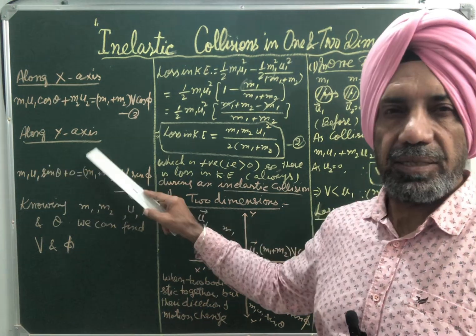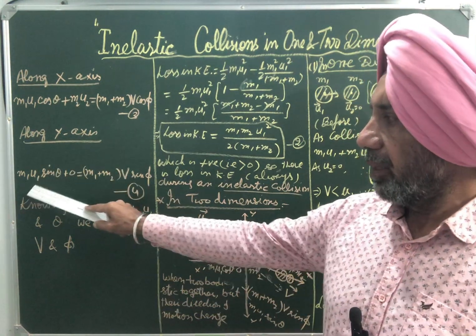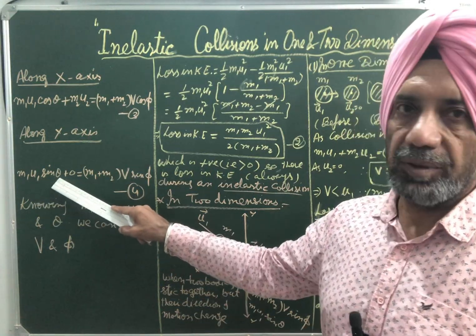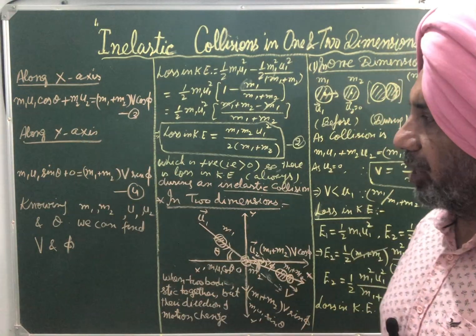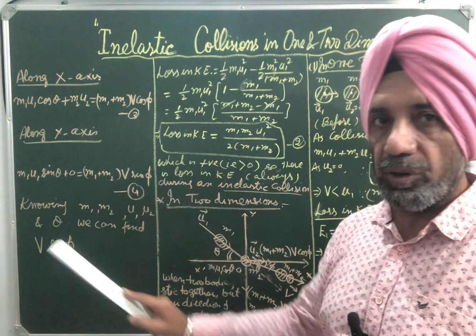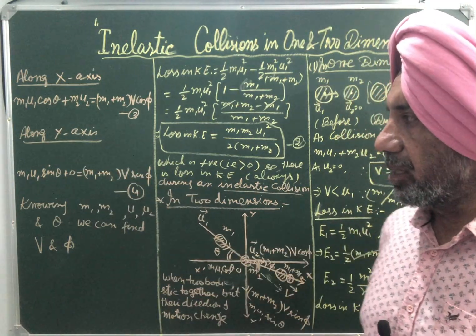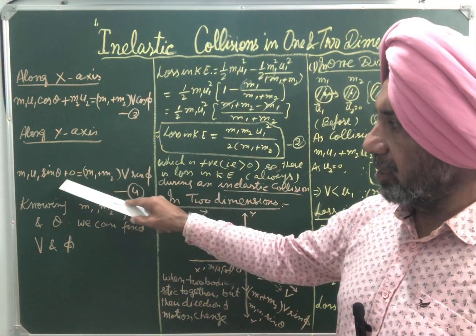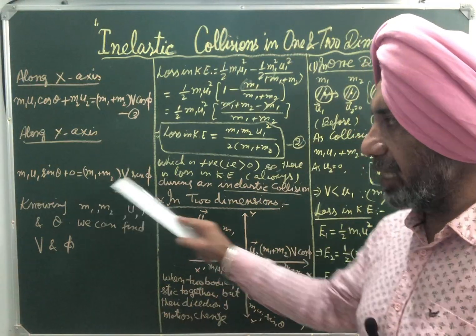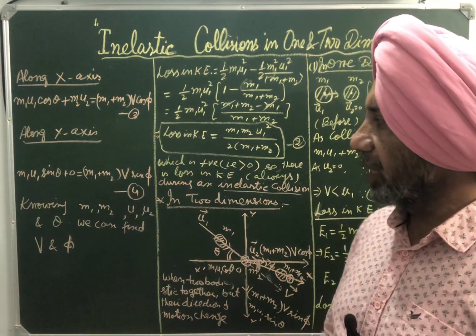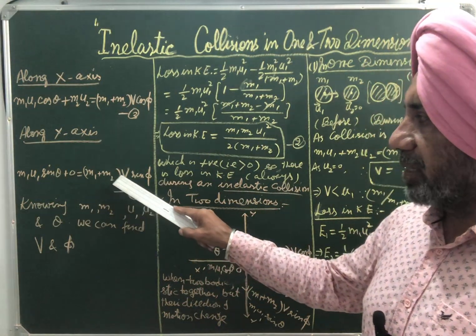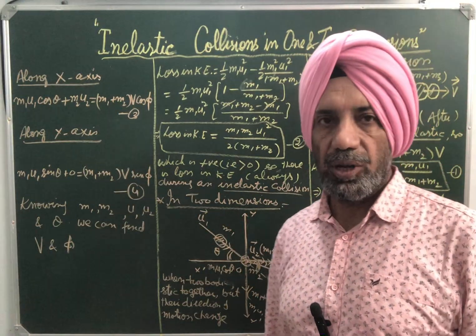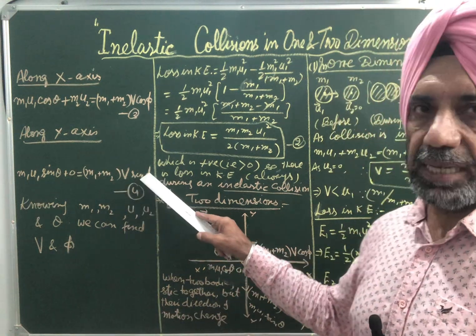Similarly, along y-axis we can apply conservation of linear momentum. Now m1 u1 sin theta is the momentum of first body of mass m1 along y-axis before collision, and the momentum of second body before collision along y-axis was 0 because it was moving along x-axis only with velocity u2, is equal to m1 plus m2 v sin phi, because now both are moving together with velocity v and making angle phi with x-axis.